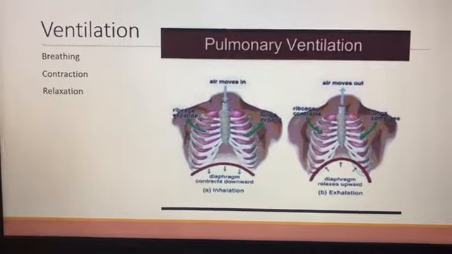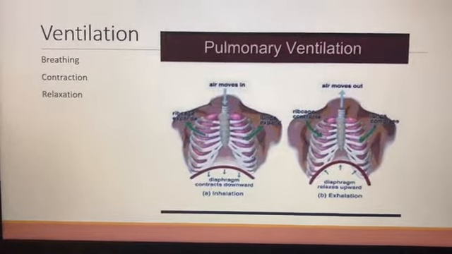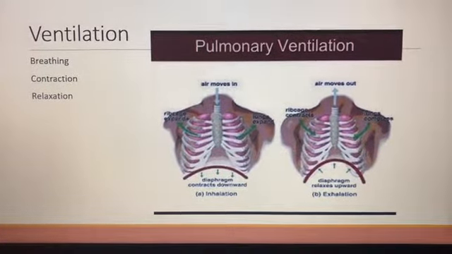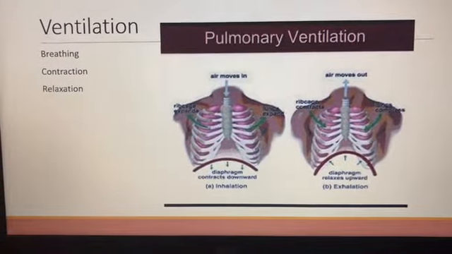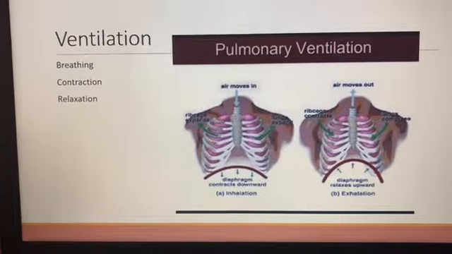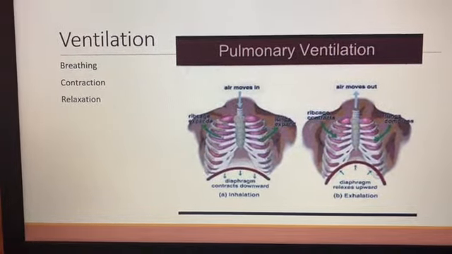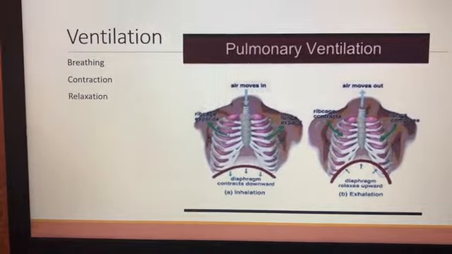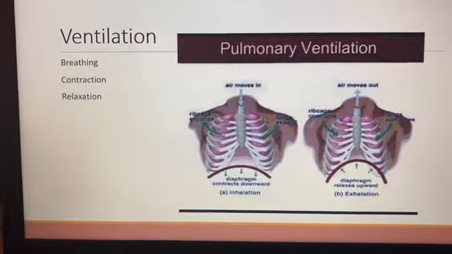And then, of course, your lungs will inflate and deflate accordingly based on the volume of air you take in. So basically, the air volume changes in the air passages of the lungs during ventilation.